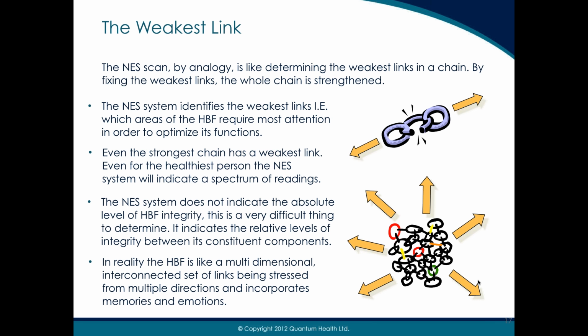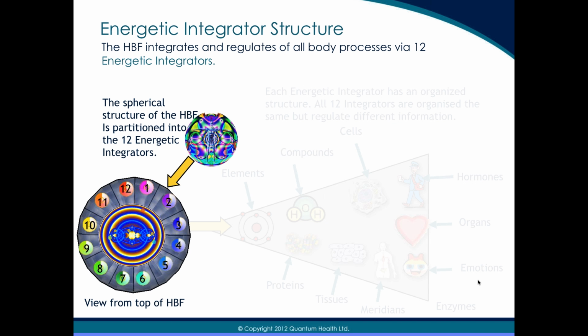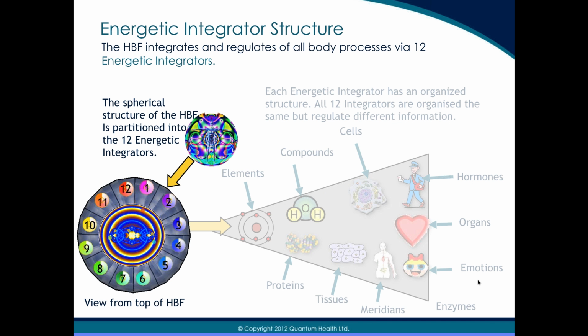Okay. So in the classroom education, we go further with the energetic integrators. We have 12 energetic integrators, like the meridians. And when we look from the top at a human body field, we see that there are 12 energetic integrators.